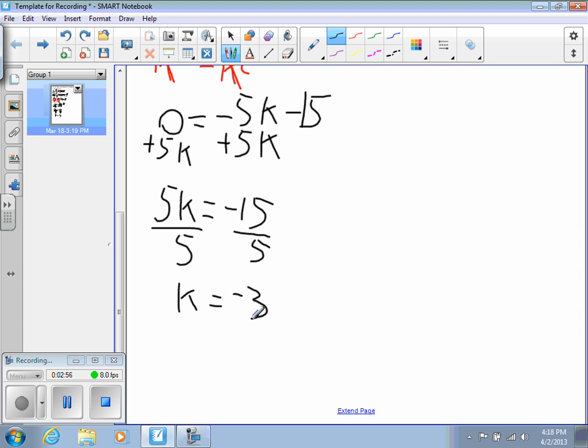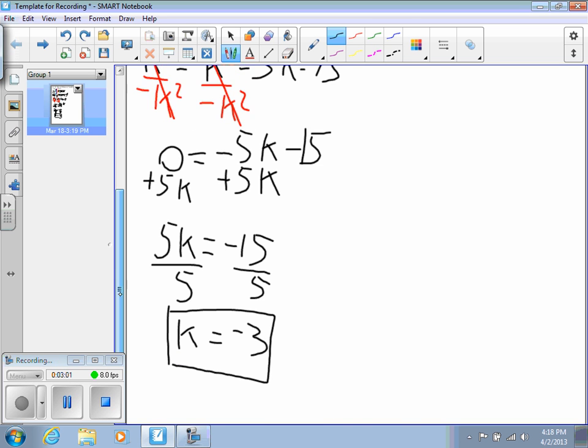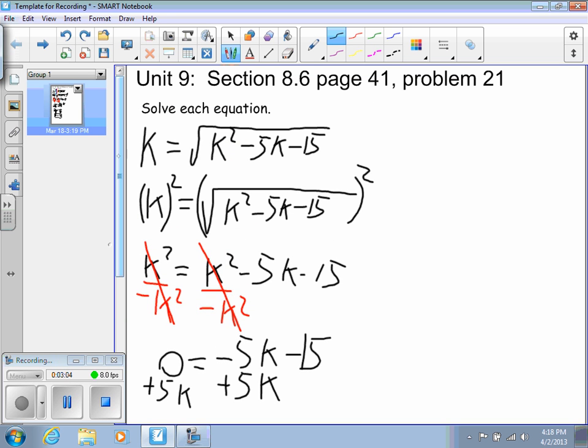I now need to check this answer. So we now have negative 3 equals the square root of negative 3 squared minus 5 times negative 3 minus 15.